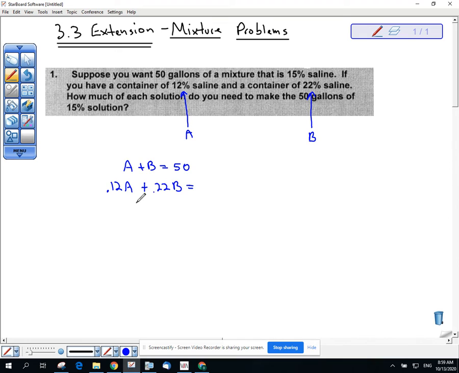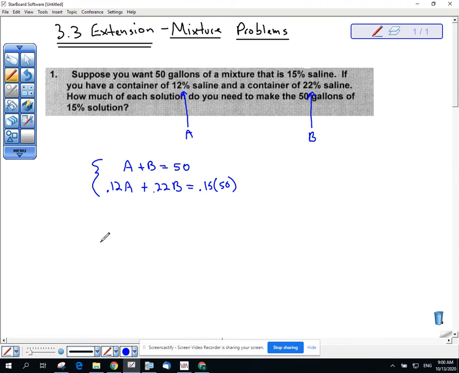That's actually not correct. Not 0.15. You want 15% of 50 gallons. This is the part you want to latch onto and remember the most: it's 0.15 of 50. You're taking 12% of A plus 22% of B, and you want it to be equal to 15% of the 50 gallons that we have here. Okay, so together, these would be your system.